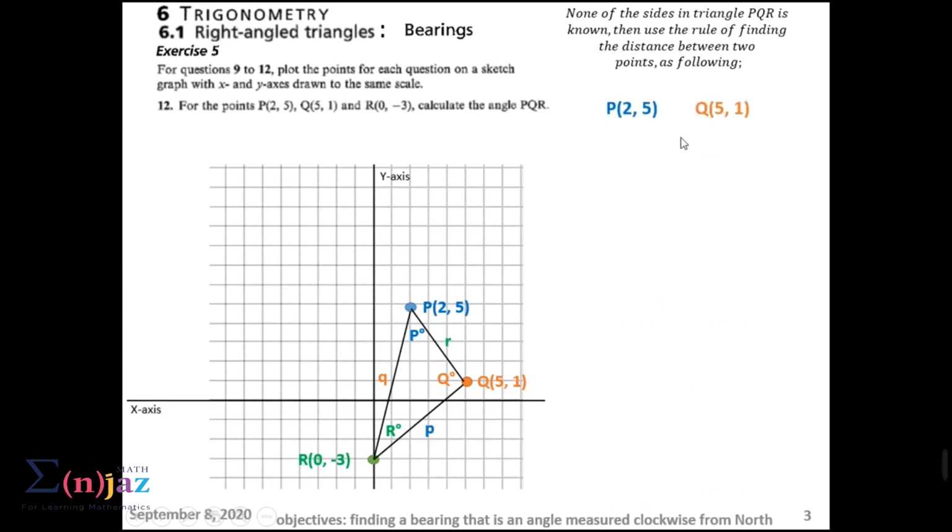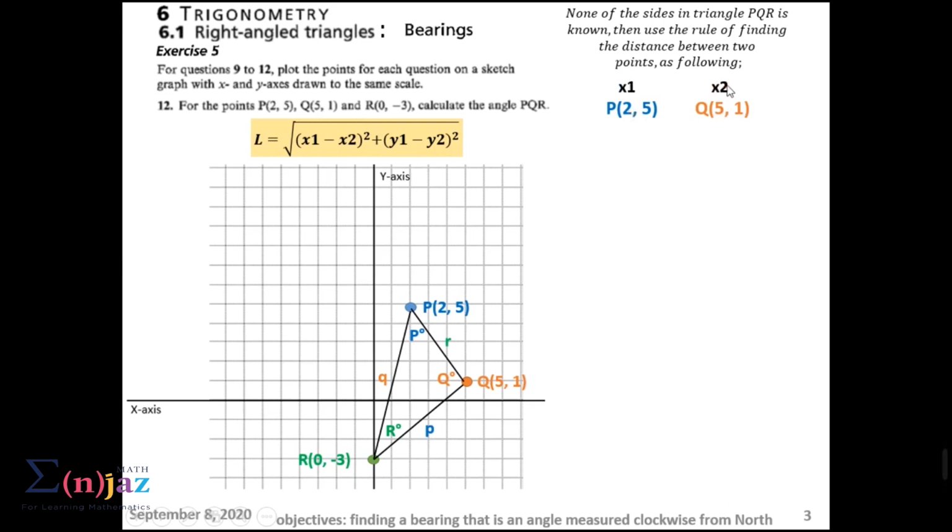Let's take P and Q, and the general rule of finding the length of a line is the square root of the difference of the x to the power of 2 plus the difference of the y to the power of 2.